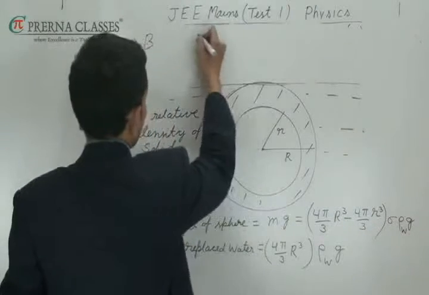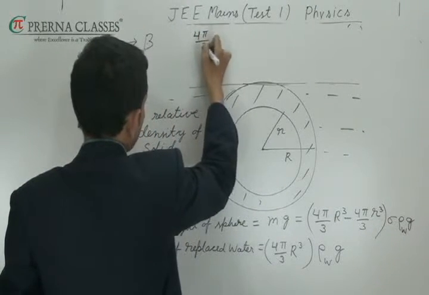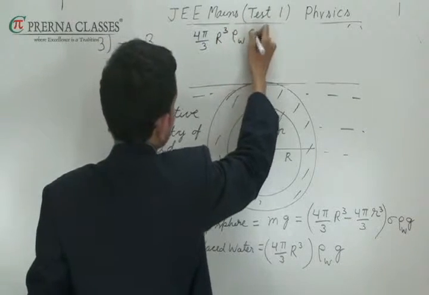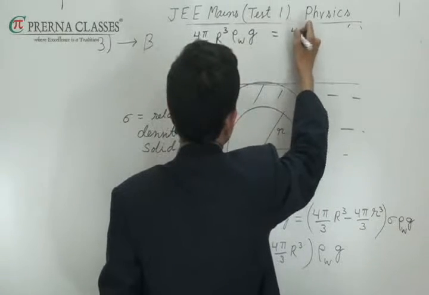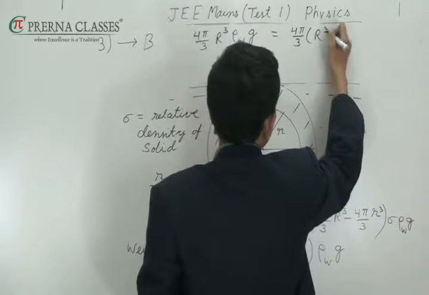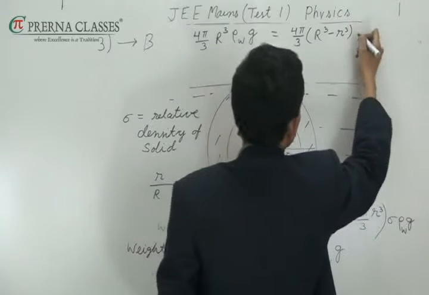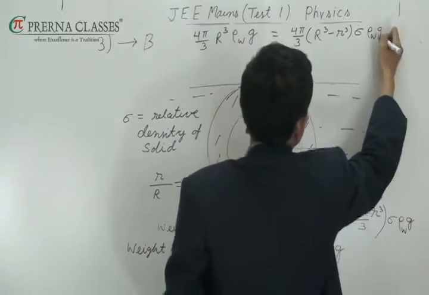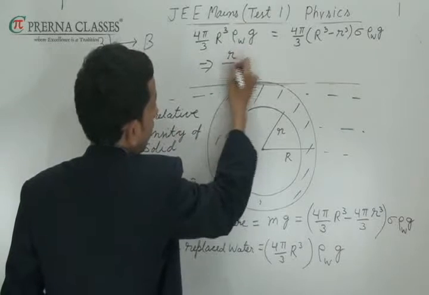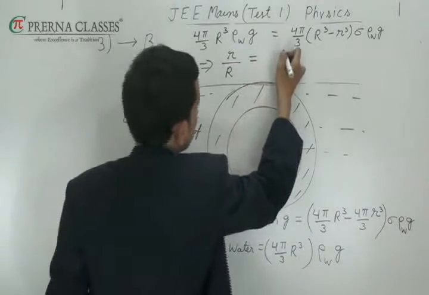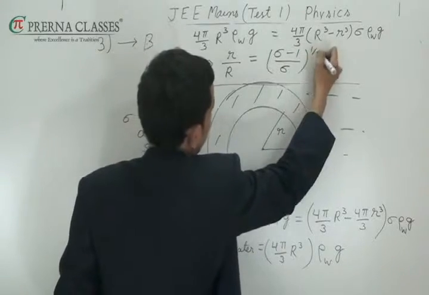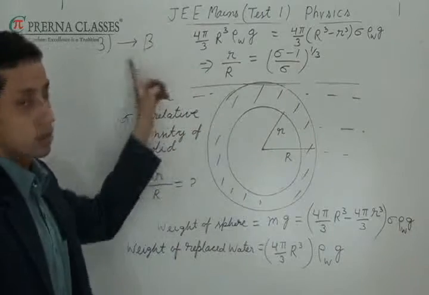So if we solve this, we get small r by capital R equal to (sigma minus 1 divided by sigma) to the power 1/3. That is option B.